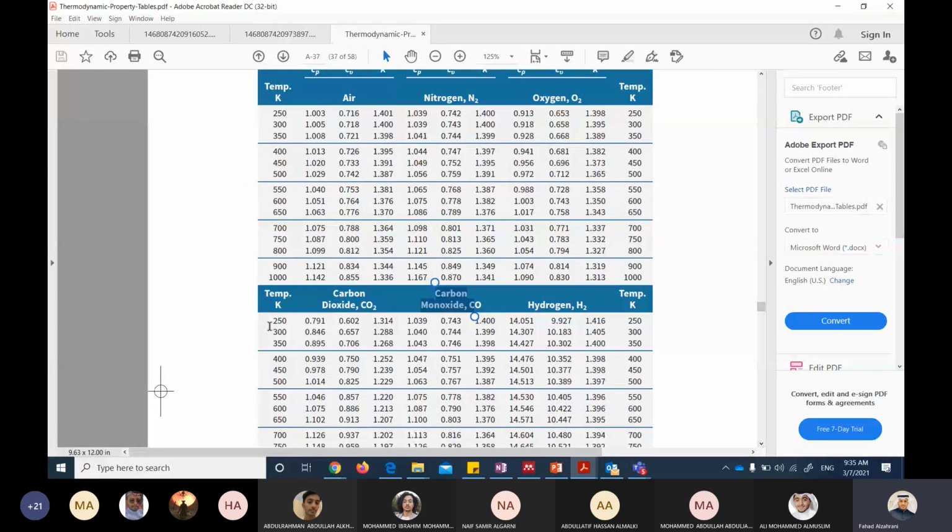Excellent. I have two temperatures, 300 and 350. 315 comes in the middle, so I can use an average specific heat between 300 and 350. How do I do this?